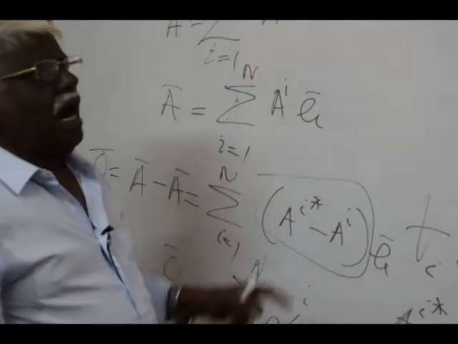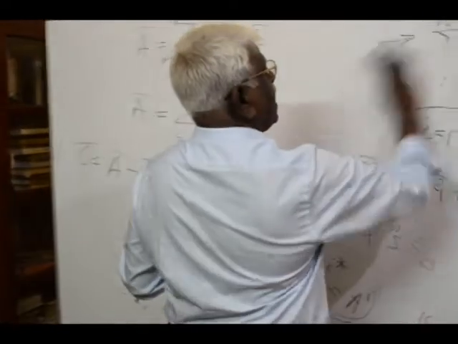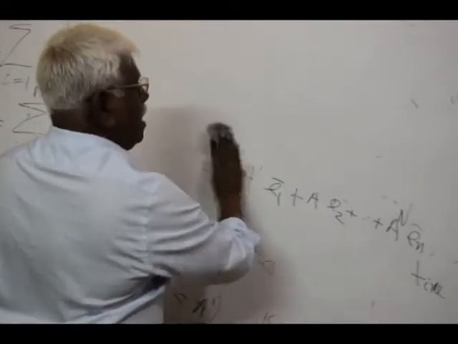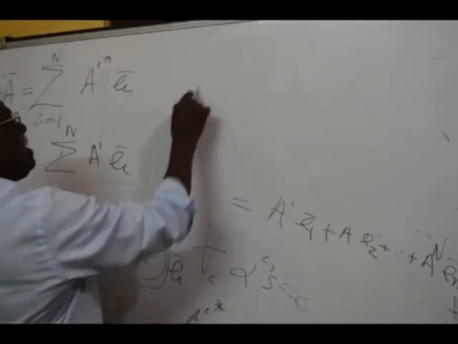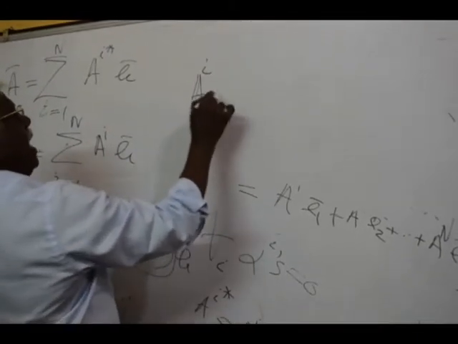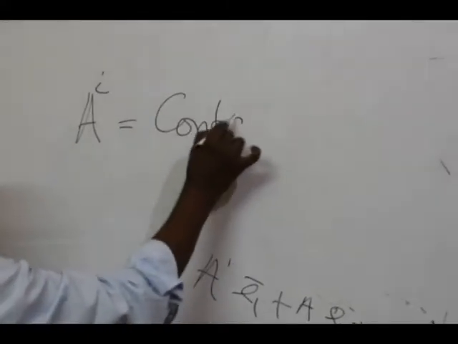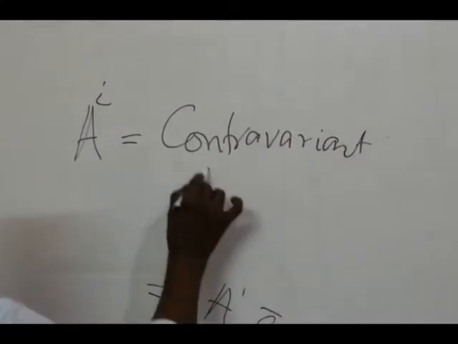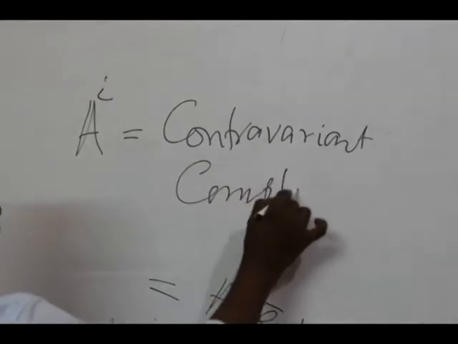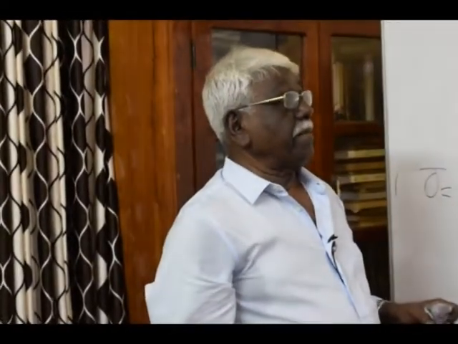These ai's are called contravariant components of the vector A.